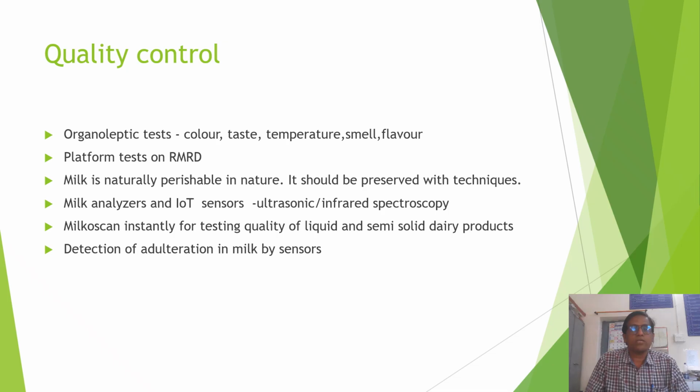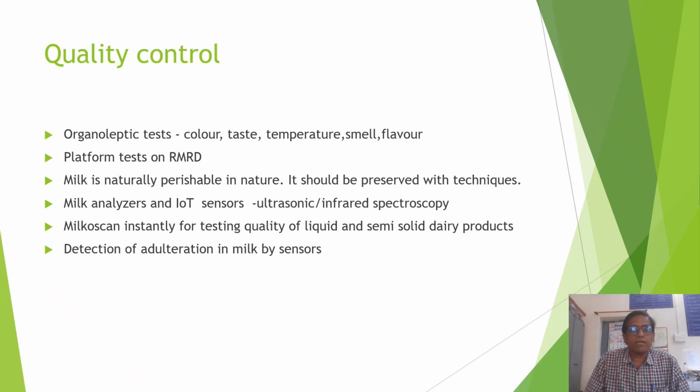Milk-O-Scan machines are also used instantly for testing the quality of liquid and semi-solid dairy products and for their quality control checkup. These are the advantages of quality control measures.